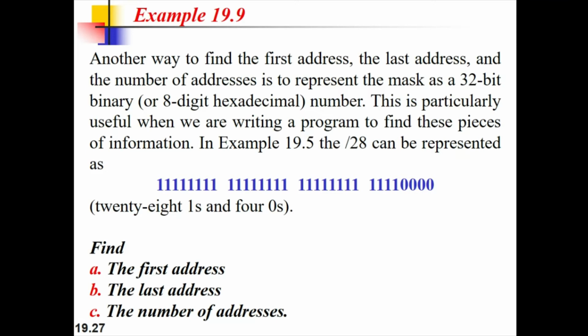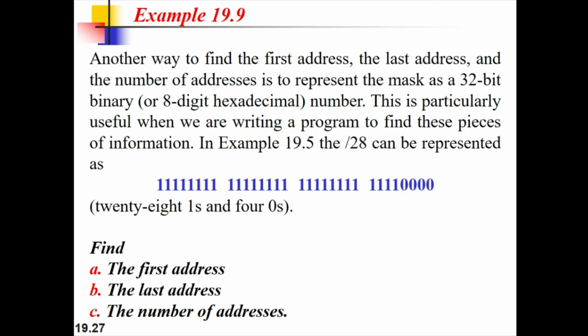Another way to find the first address, the last address, and the number of addresses is to represent the mask as a 32-bit binary or 8-digit hexadecimal number. This is particularly useful when we are writing a program to find these pieces of information.